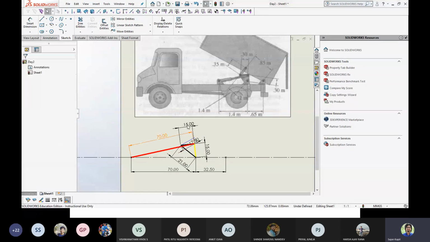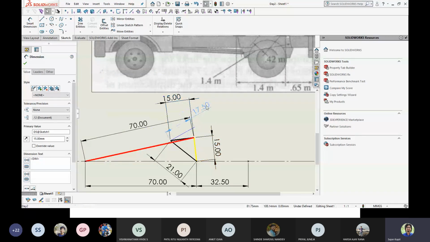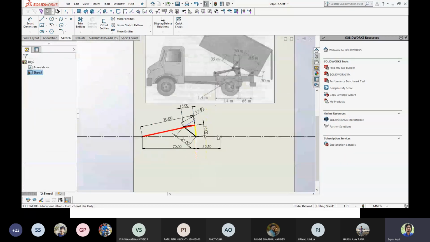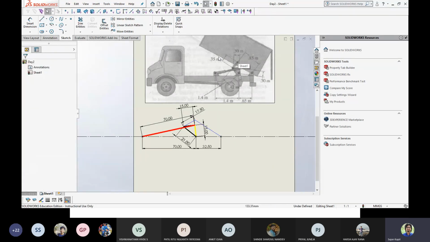In your case, you don't know it, so what you are going to do is just draw the arc, and other constraints will be met soon when you complete this drawing. So I have got this point. Now I also know that the distance between this point and this point is 0.85. Then done. I need to put my compass here and make an arc. Wherever it strikes this particular arc, that will be this particular hinge point.